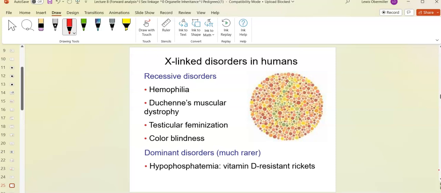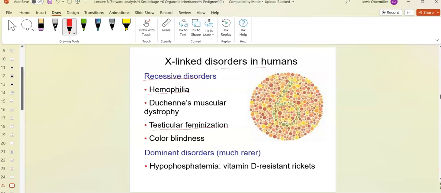So here are some examples of X-linked disorders in humans. This is a 6, by the way, in case you're colorblind and can't see it. These are recessive ones: hemophilia, which we talked about, factor 8, Duchenne's muscular dystrophy, testicular feminization.